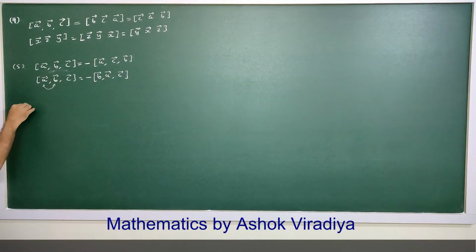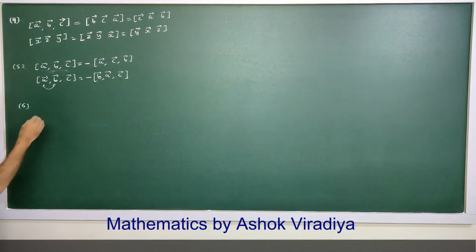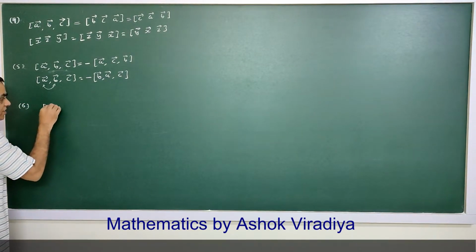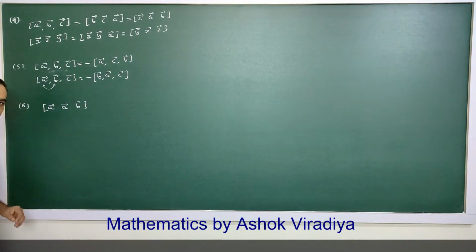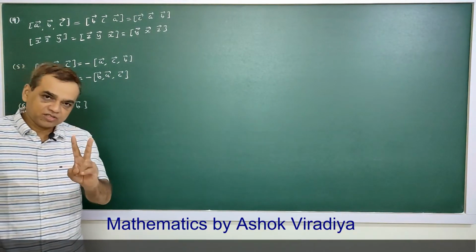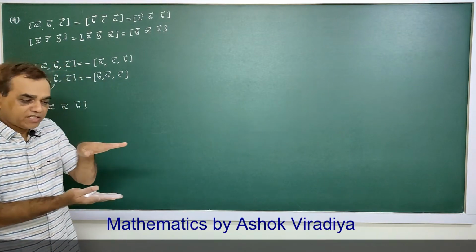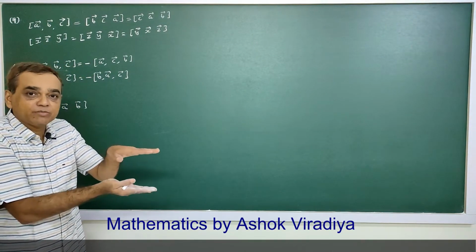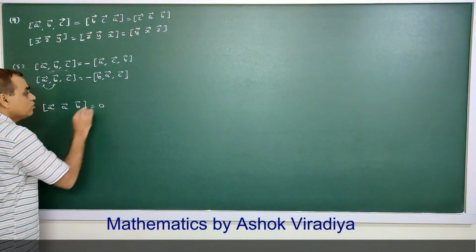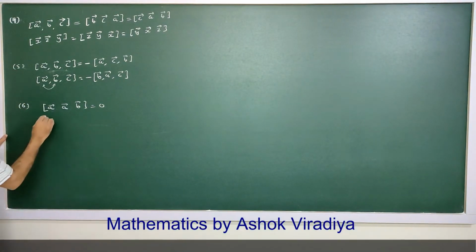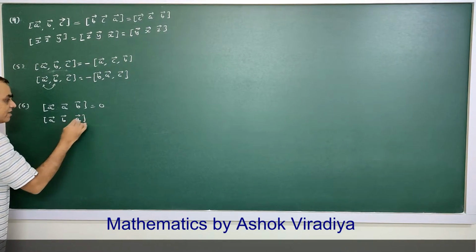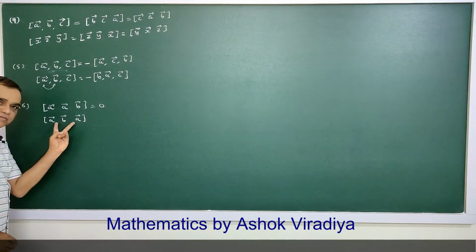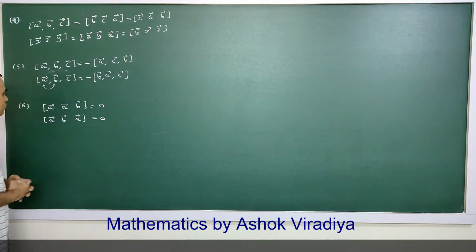Then the sixth property: if I repeat vectors, suppose these two vectors are repeated. Repetition of vectors in a box means two rows are identical in the determinant, so its value is 0. If I keep vector A, vector B, vector A, vectors are repeated, so the value is 0.